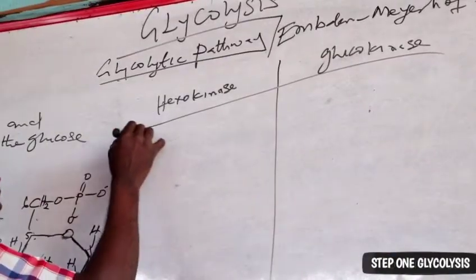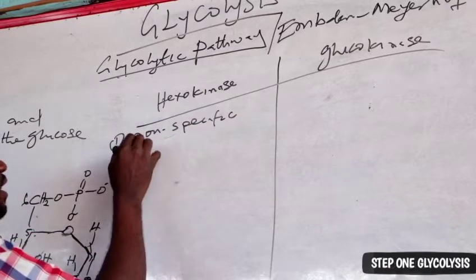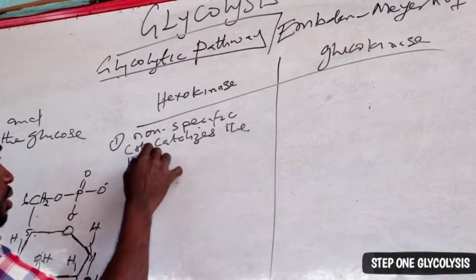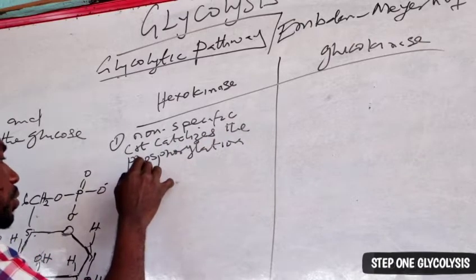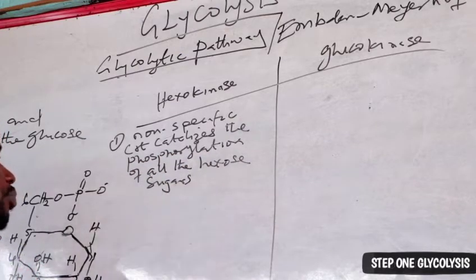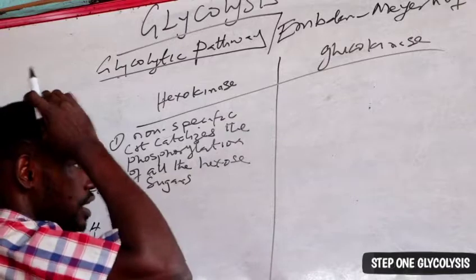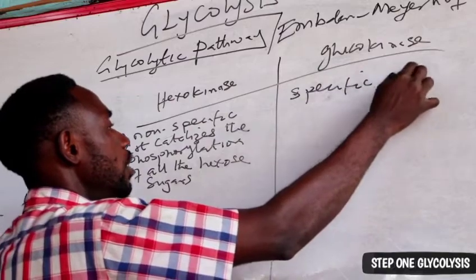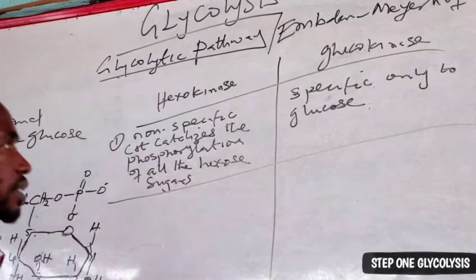Hexokinase is non-specific, which means it catalyzes the phosphorylation of all the hexose sugars. I'm breaking this down such that even a layman who is not a biochemistry student will understand that. So enjoy it. This one, glucokinase, is specific only to glucose. Simple.